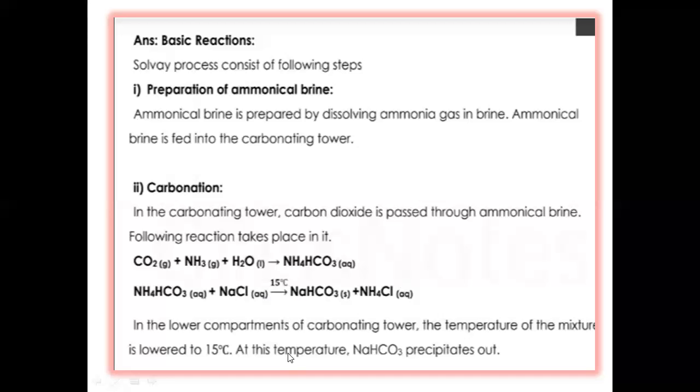In the lower compartment of the carbonating tower, the temperature of the mixture is lowered to 15 degrees centigrade, and at this low temperature sodium hydrogen carbonate precipitates out, or solidifies. Sodium hydrogen carbonate, baking soda, or sodium bicarbonate, are the same.